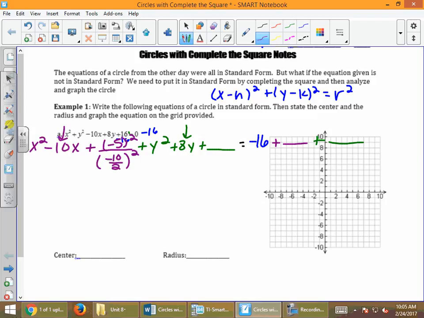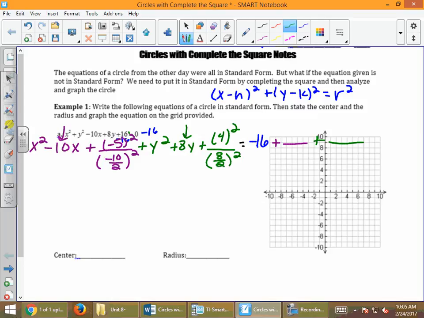Then you do the same thing with the middle y value. Our middle y value is 8. You're going to divide it by 2 and square it, but don't actually square it. What's 8 divided by 2? We just write it as 4 squared. Again, the signs follow. The 10 was negative, so that 5 is negative. The 8 was positive, so that 4 is positive.